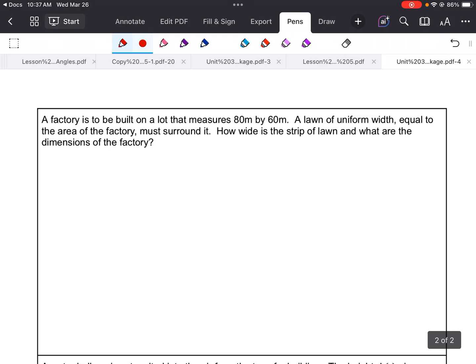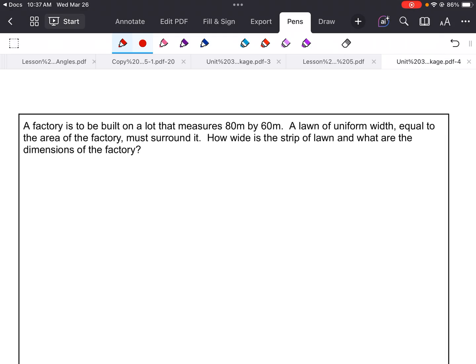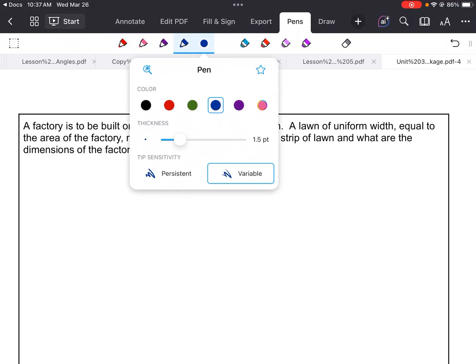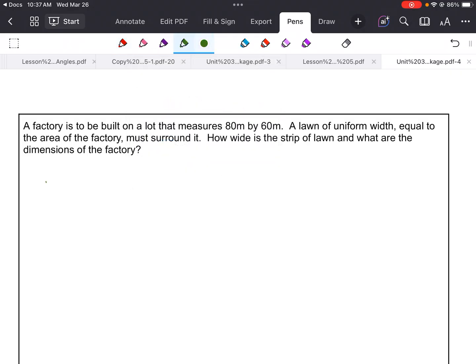Okay, a factory is to be built on a lot that measures 80 by 60. So switch to green here. I'm going to draw a rectangular lot, 80 by 60. Okay, so we have 60 meters, 80 meters.